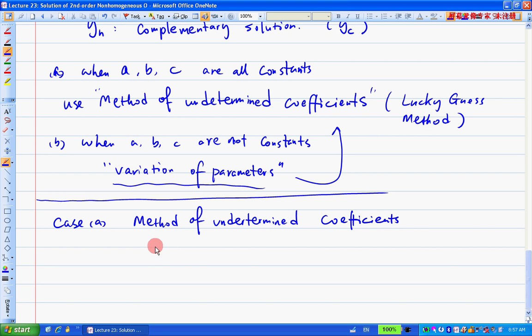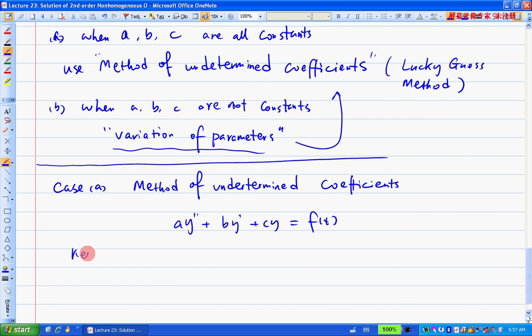All right, let's lay down this second order equation. So the key idea is this. The key idea is you want to find a YP, based on f of t.